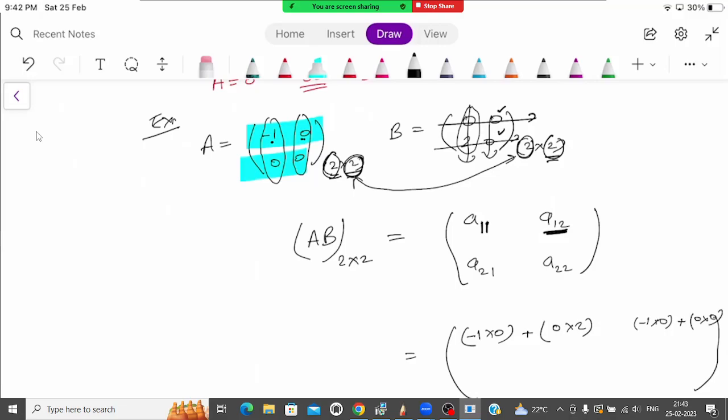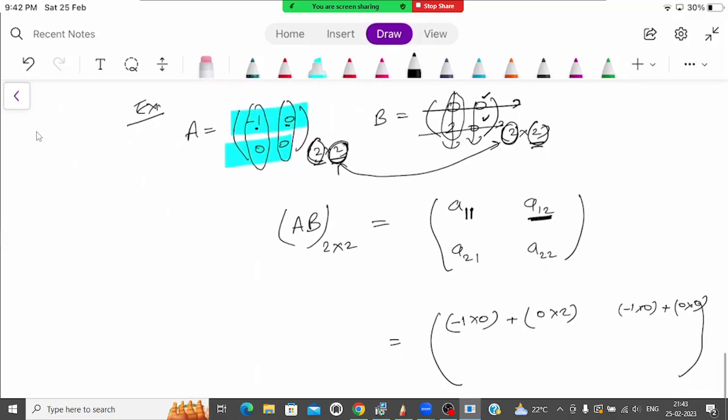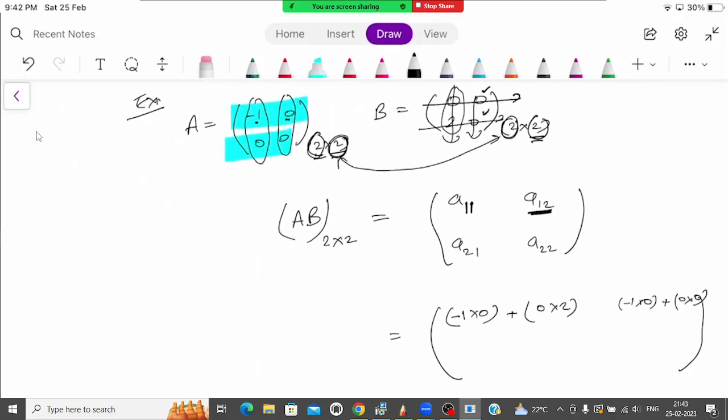Okay, again, the second row of A to the first column of B. This is the second row. So 0 into the first column of B, 0 plus 0 into 2.